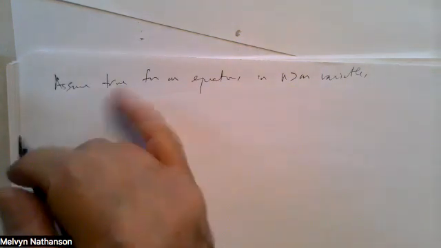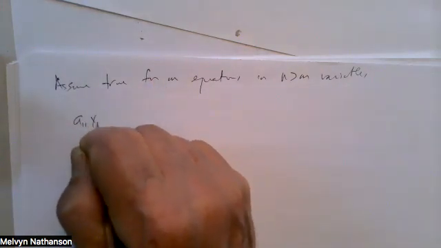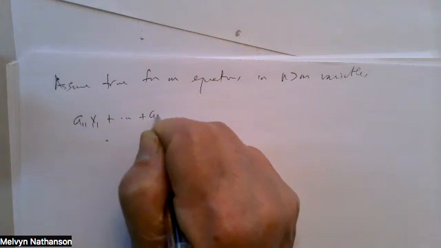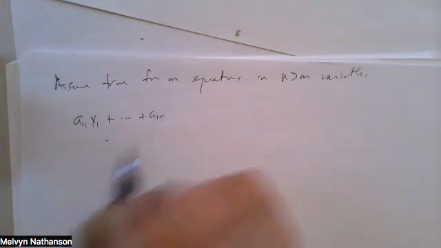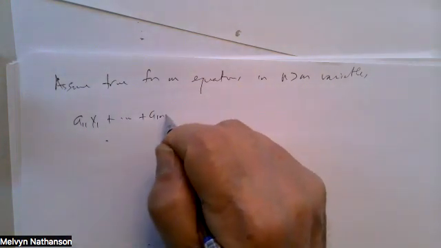And now we have a system of m plus 1 equations in at least n plus 1 variables.